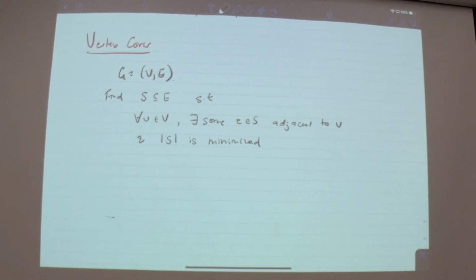So for example, if I have a graph that looks like this, I have 6 vertices, and here's a vertex cover.